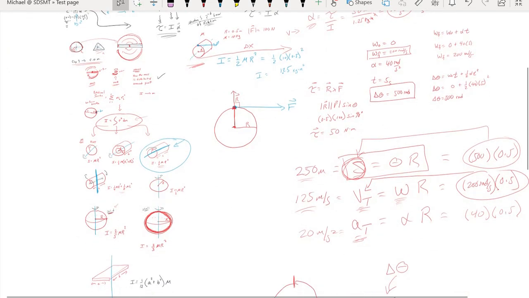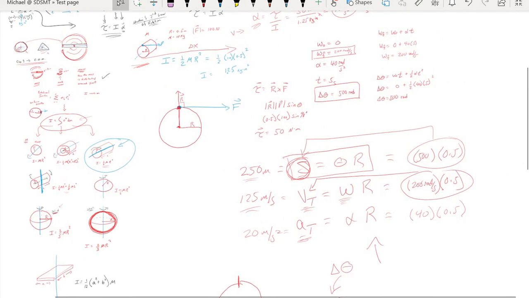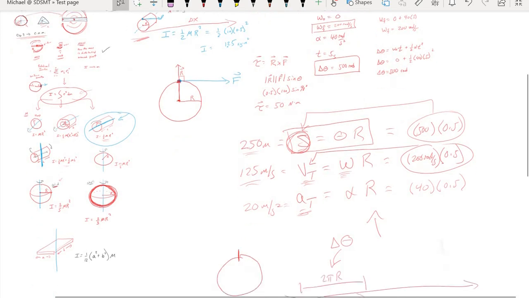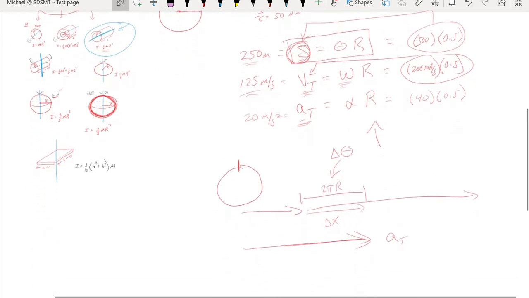And depending on how fast that wheel is rotating, depending on how fast the wheel goes through an angular acceleration, then we can come up with all of these other values, which seem to be more important to us, like how far can we get, how fast can we get there.